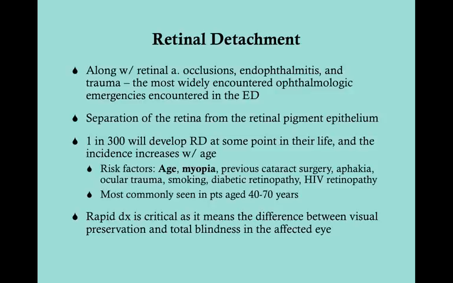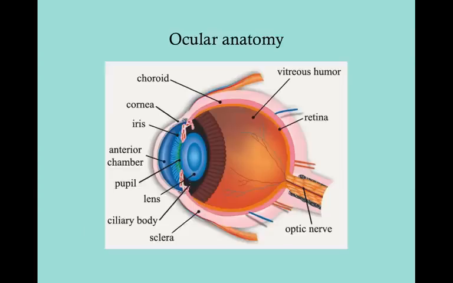Smoking is associated with retinal detachment, both first-hand and second-hand smoking. Diabetic retinopathy and HIV retinopathy both weaken the retina. Like I said, most commonly this is seen in older patients, 40 to 70 years of age. And rapid diagnosis is critical. It means the difference between visual preservation, which typically, if diagnosed early, comes with a very good prognosis, and, if not diagnosed early enough, total blindness in the affected eye.